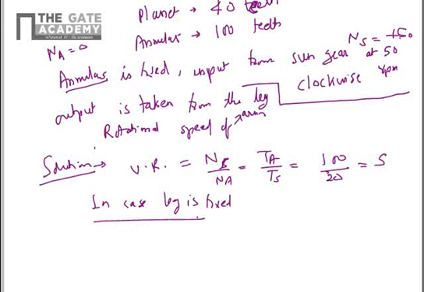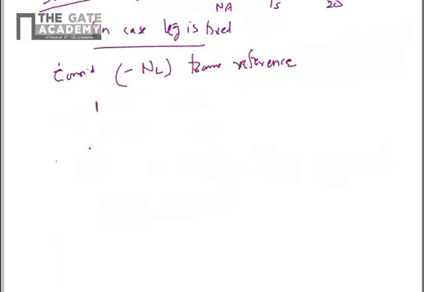In case the leg is rotating, since the output is the leg, we'll consider the minus NL frame of reference, where we see things rotating with minus NL speed. In that case also, the velocity ratio between the annulus and the gear will be the same, but the speeds will change.